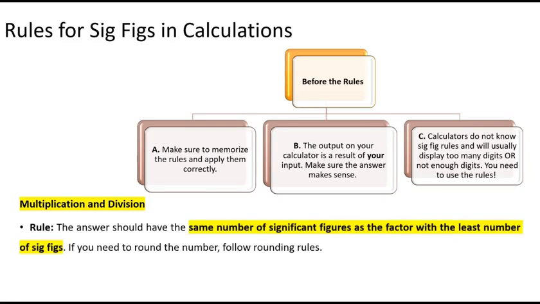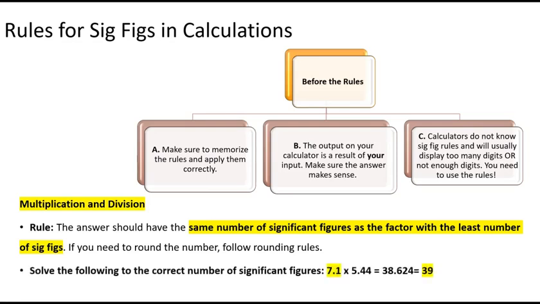The rule: the answer that you have should have the same number of significant figures as the factor with the least number of significant figures. If you need to round the number, follow rounding rules. For example, if we are trying to multiply 7.1 by 5.44, we are going to see 38.624.